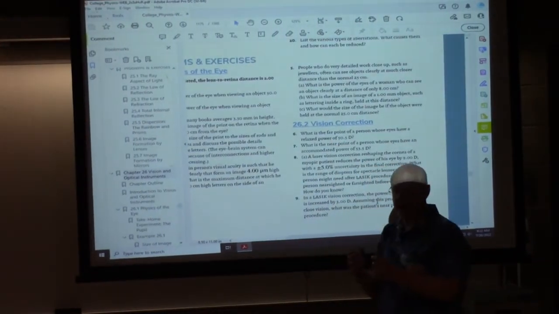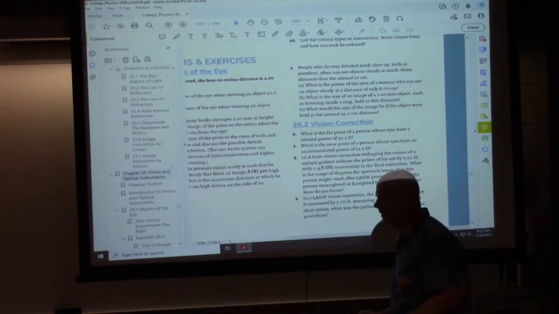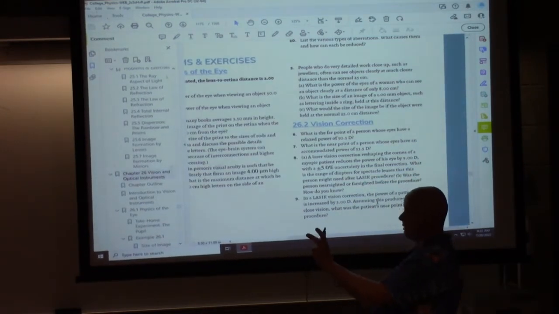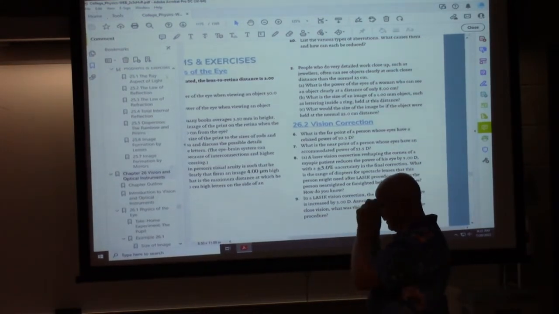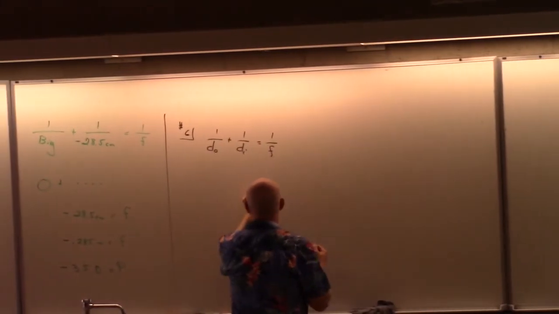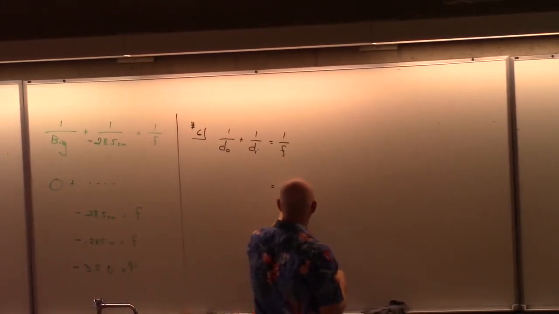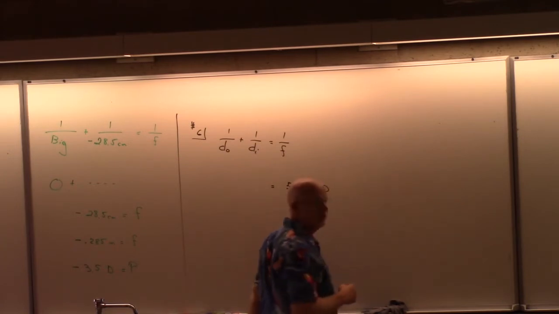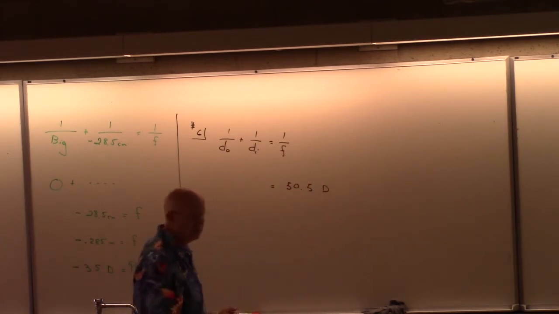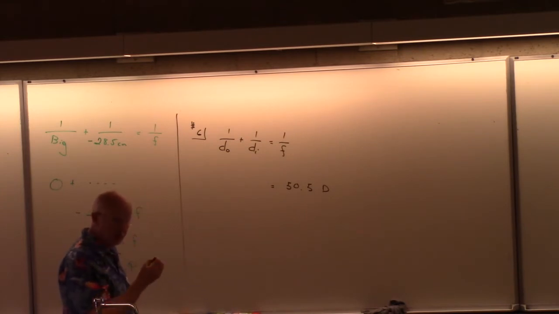So when I relax my eyes, we'll take off my glasses, I'll relax my eyes and look far away. They're saying here that I have a 1 over f of 50.5 diopters. That's the power of it. So that's the focal length at that particular moment.